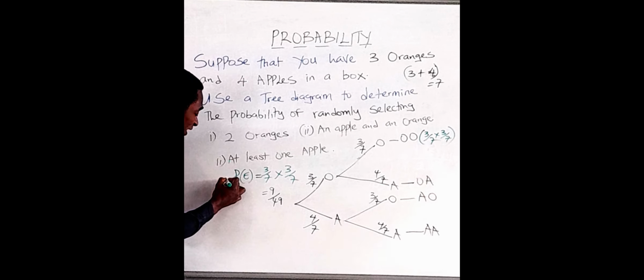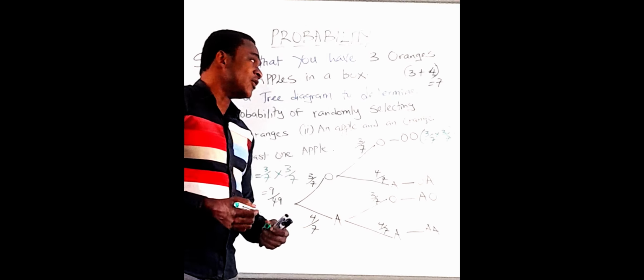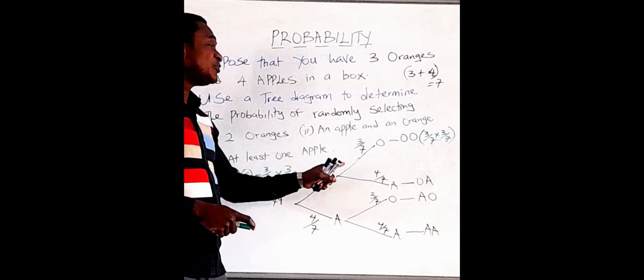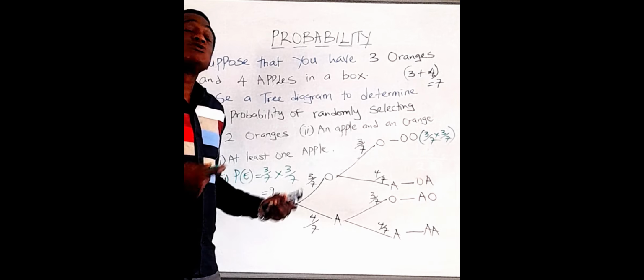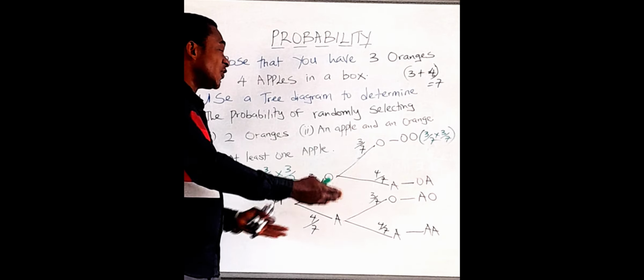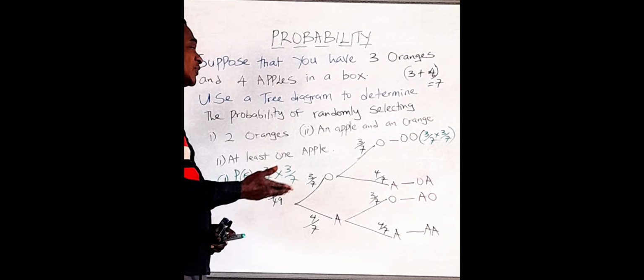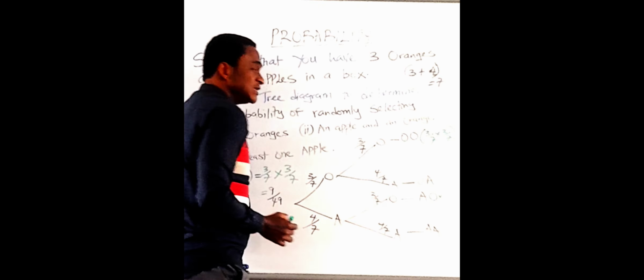And the second one is asking us the probability of getting an apple and an orange. We have 2 possibilities here. It could be apple before orange, or orange before apple, the way it's presented. Let's just take this. If it is apple before orange, then we have this condition.